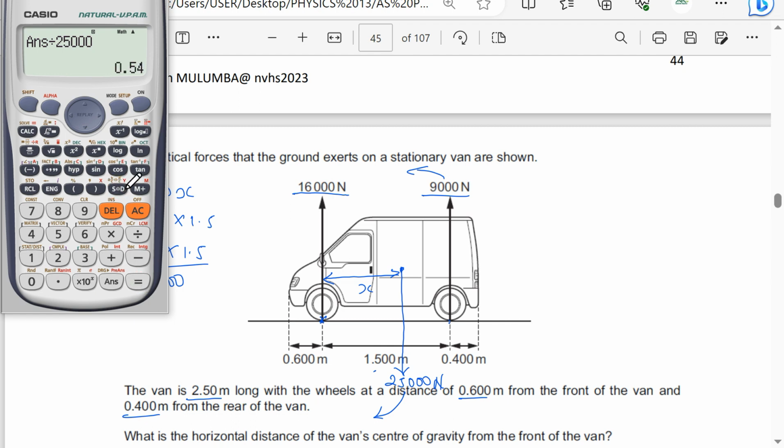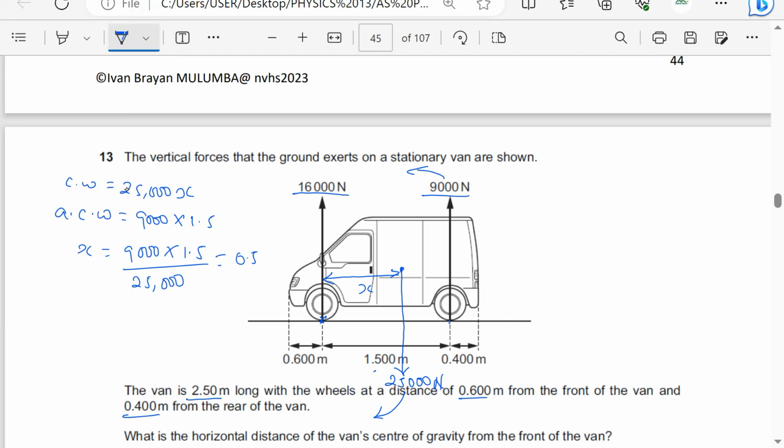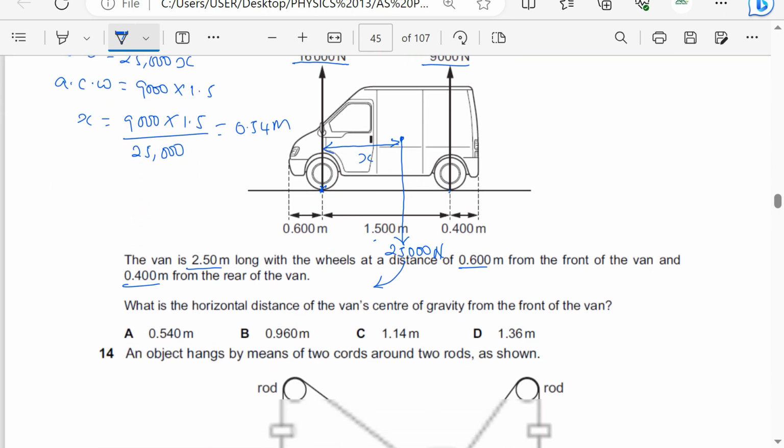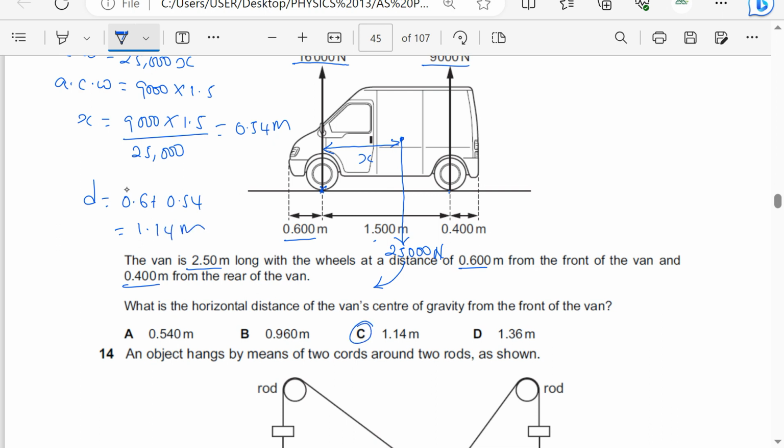So this is 0.54 meters. The question is, what is the horizontal distance of the van's center of gravity from the front of the van? The front wheel is 0.6 from the front, so we shall just add: 0.6 plus 0.54, which is 1.14 meters. So the answer is going to be C.